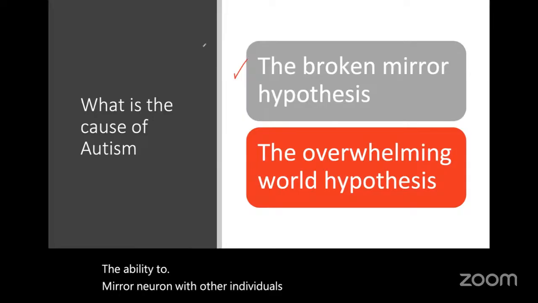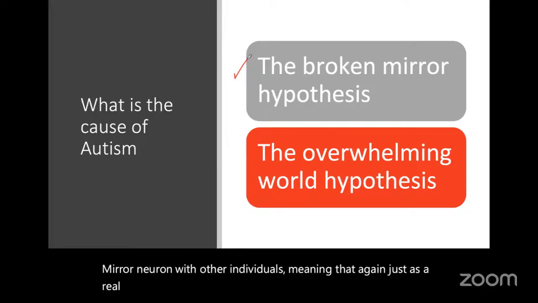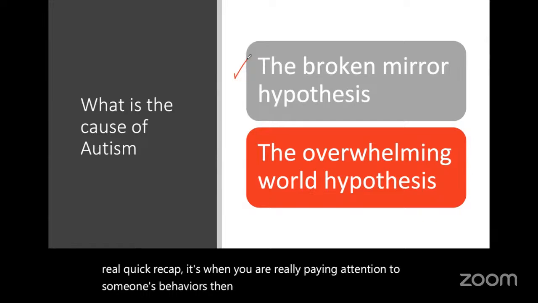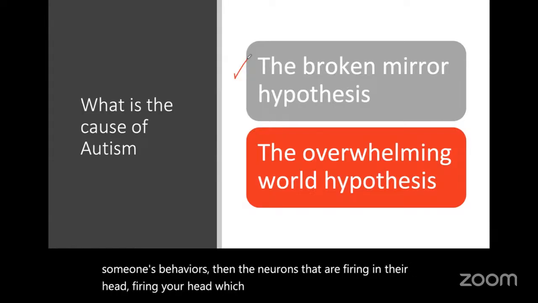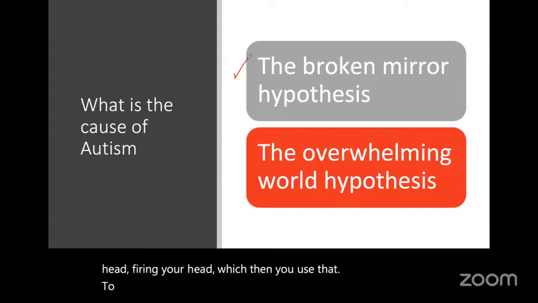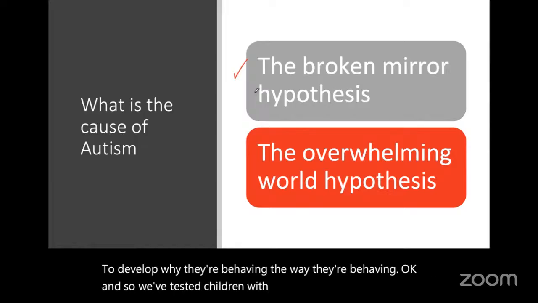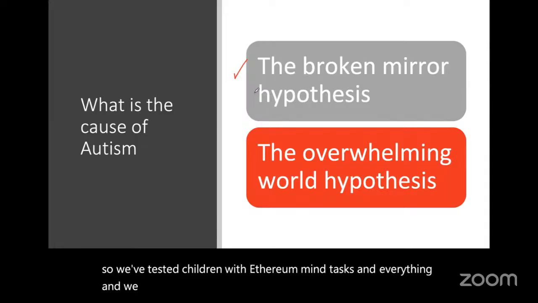As a quick recap, when you are really paying attention to someone's behaviors, the neurons that are firing in their head fire in your head, which you then use to figure out why they're behaving the way they are. Okay. And we've tested children with theory of mind tasks, and we have found that a good majority of these children do fail them.